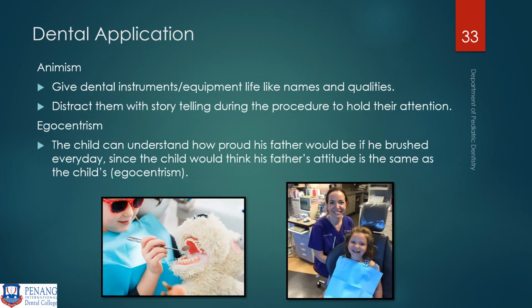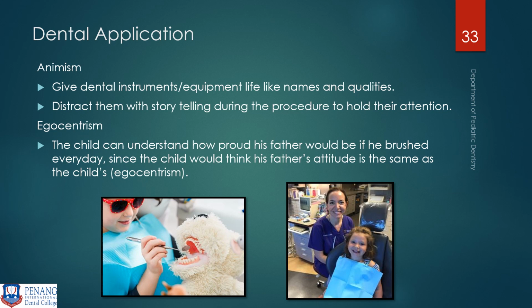So how do we use this in our dental practice? With the concept of animism, we can give dental instruments lifelike names and qualities, and then the child can relate to the instrument. A typical example is your handpiece, which makes noise. You can say this is Mr. Willie the Whistler, and when Mr. Willie is happy cleaning the teeth, he whistles.